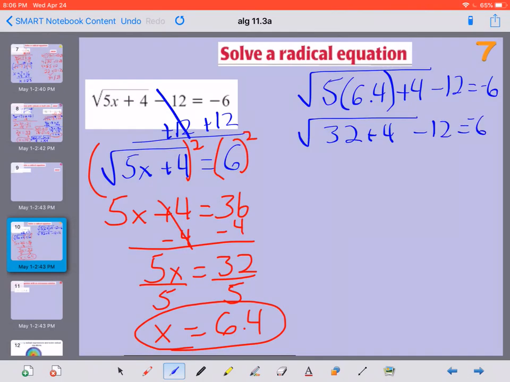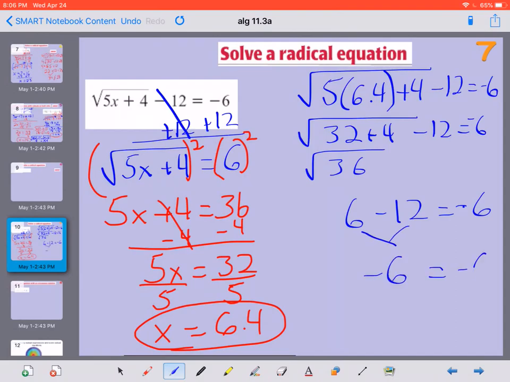So 32 plus 4, that's the square root of 36. Square root of 36 is 6 minus 12. 6 minus 12 is negative 6, which equals a negative 6. So this does work. 6.4 is our solution.